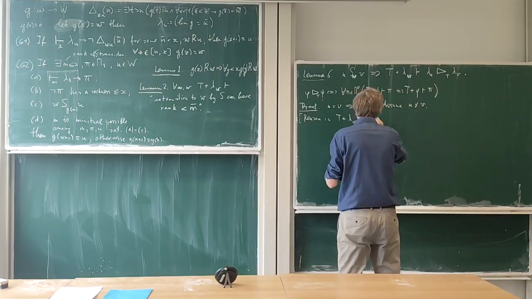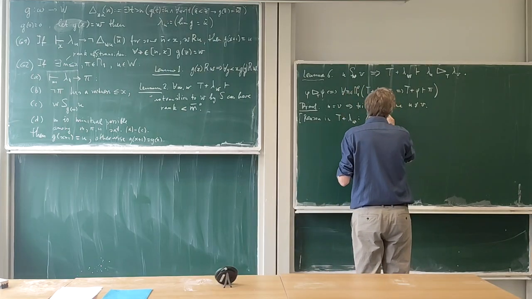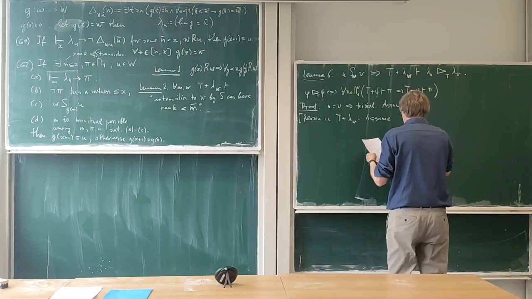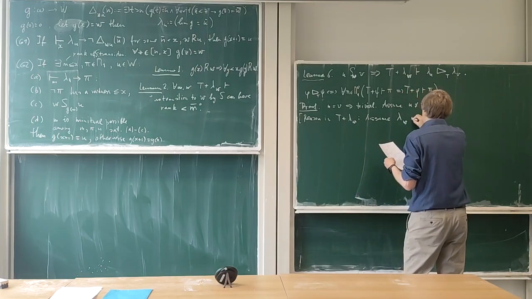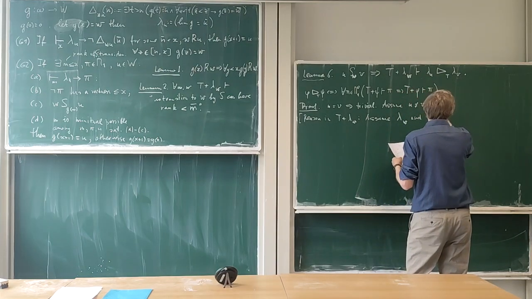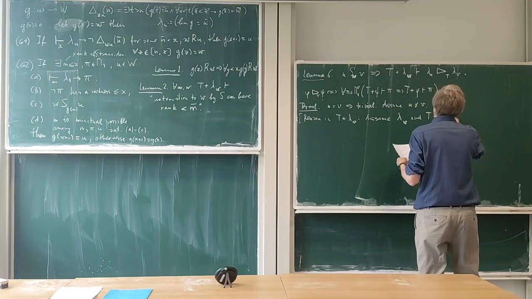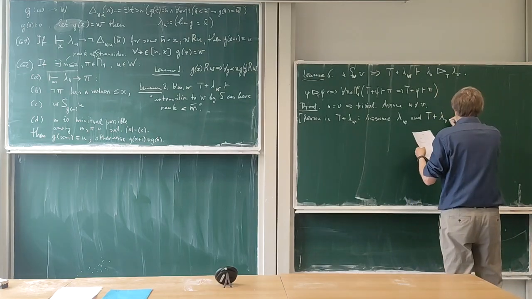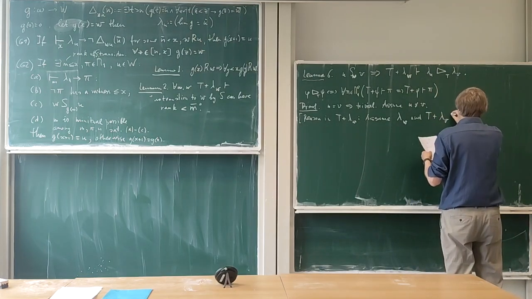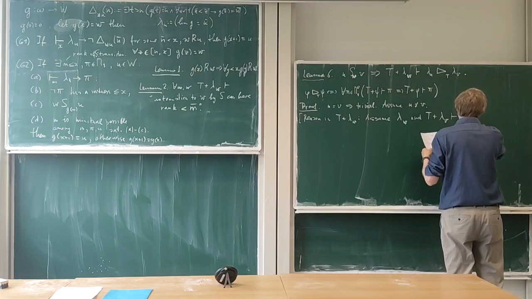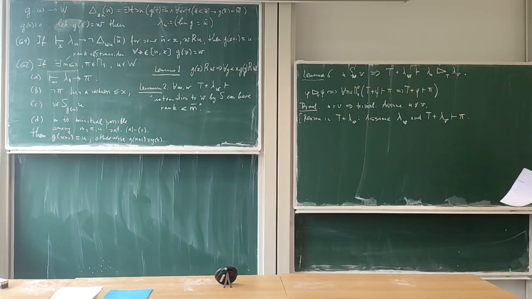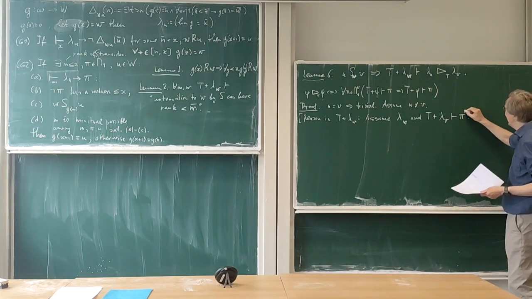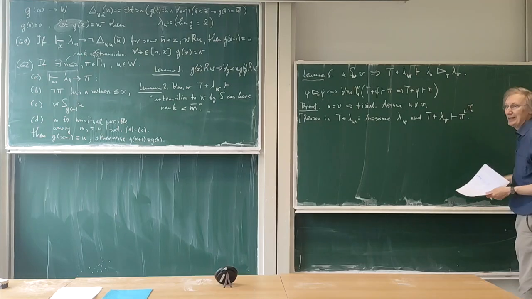So we assume W, and T plus lambda V proves pi, for a pi one sentence.